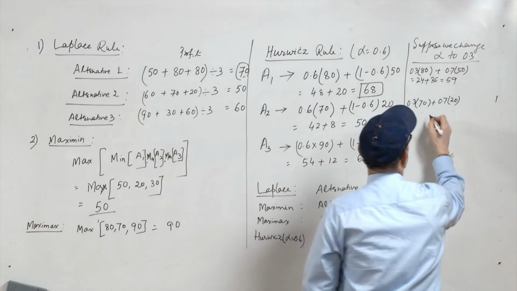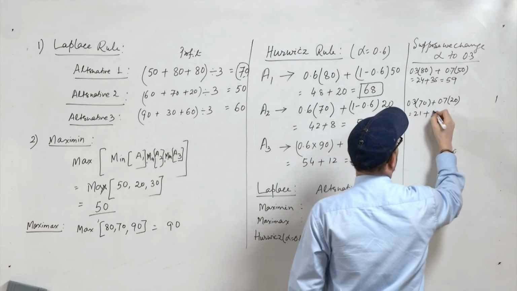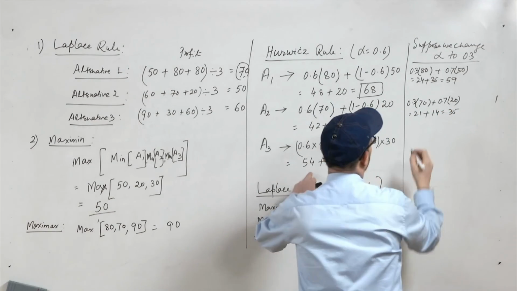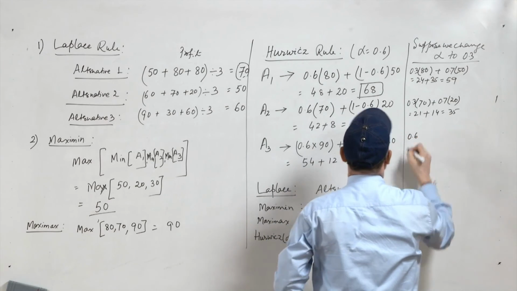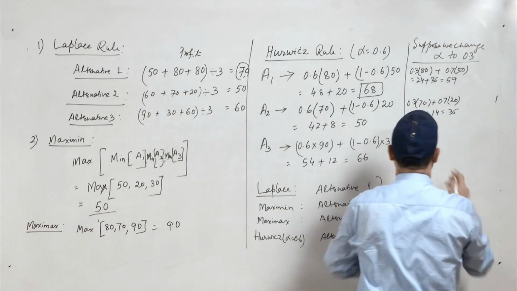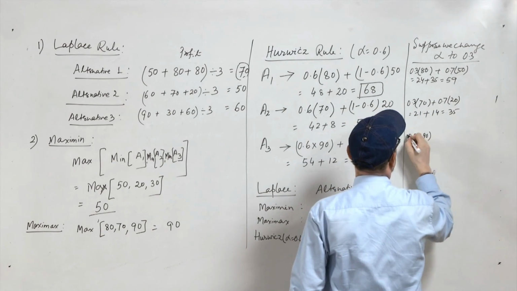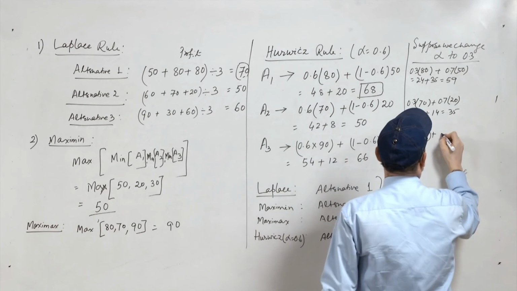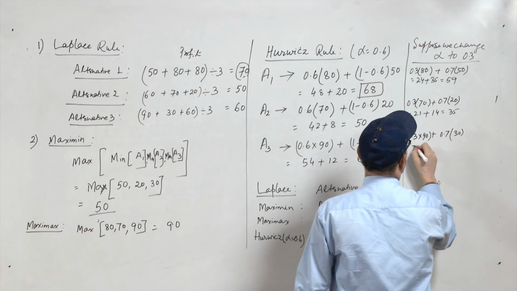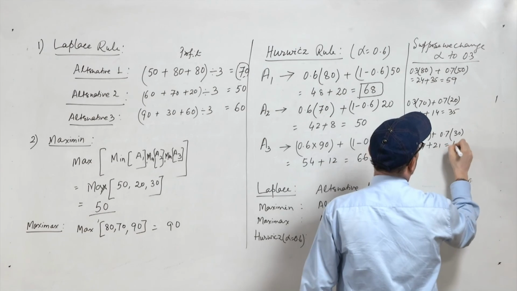So, it will be 21 plus 14, 35. And for A3, 0.3 multiplied by 90 plus 0.7 multiplied by 30, so it will be 27 plus 21, so 48.